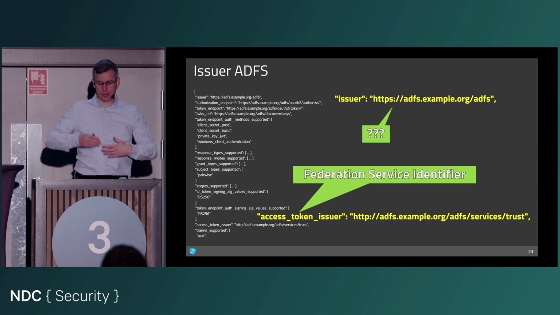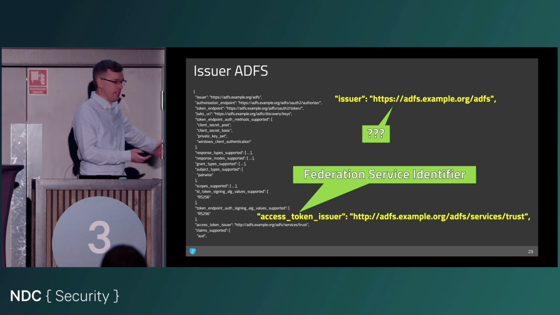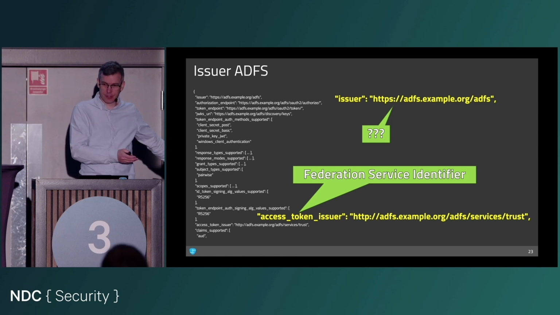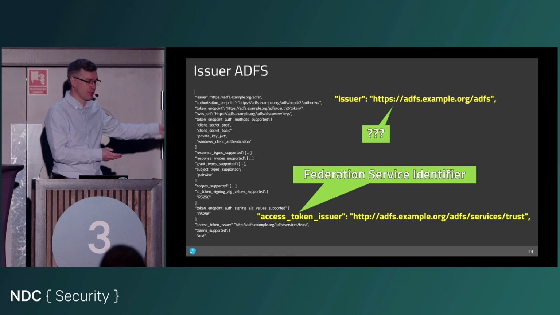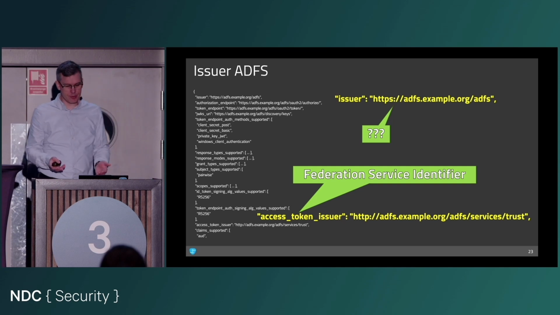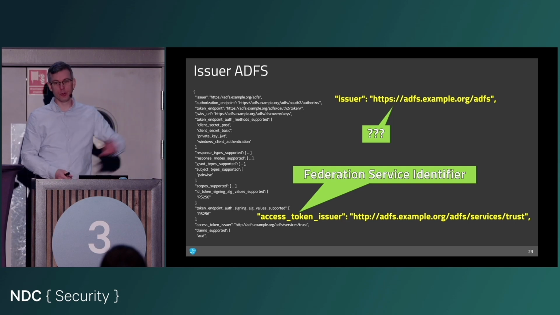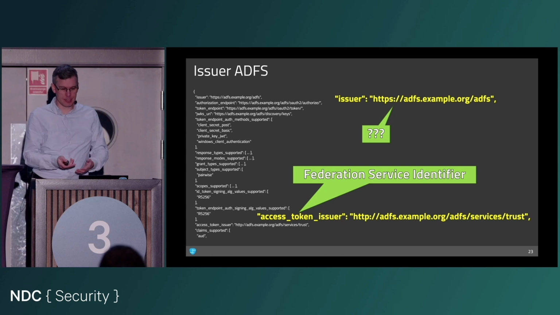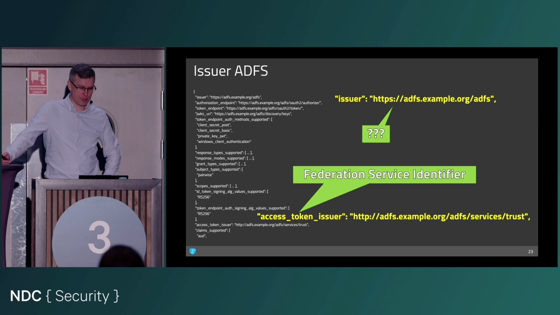So typically if you have ADFS and want to add OpenID Connect to it, it's because you already have a ton of legacy applications using ADFS with WS-Federation or SAML2. And now OpenID Connect requires you to change the Federation Service Identifier, which will break all of the existing client applications. If you set up a new one, yeah, it's an easy thing to just make sure these match. But still not exactly what I would prefer.